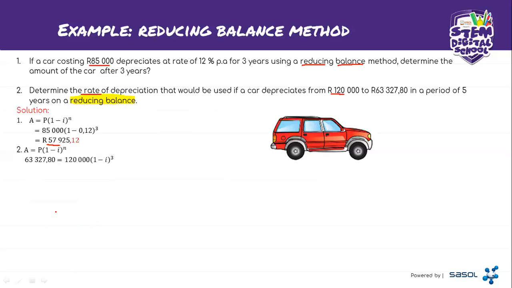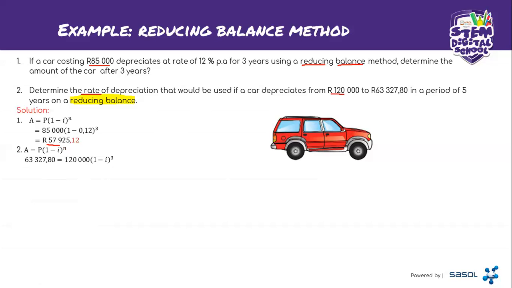And then the second step, A and P. Remember under the reducing balance method, or the straight line method, A is always less than P. P is always bigger than A. So don't forget that. Because once you make a mistake on this one, then you're not going to get everything right. So it's going to be 0 unless you are writing the correct formula there.